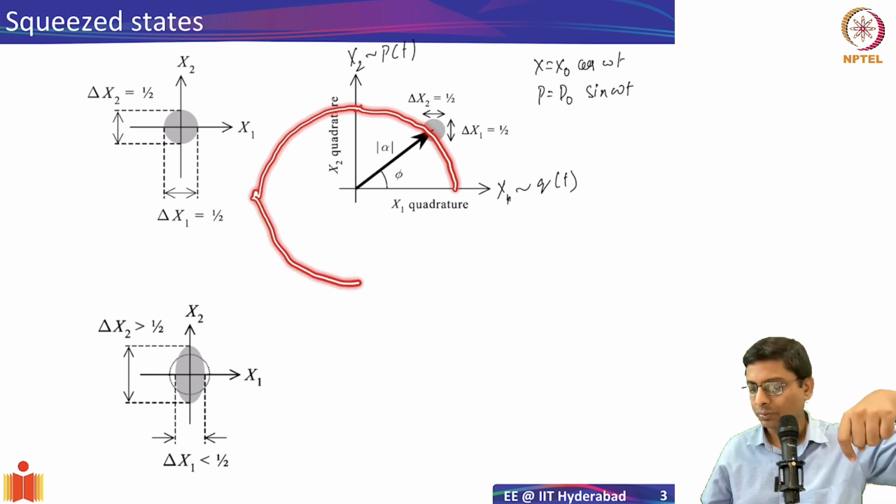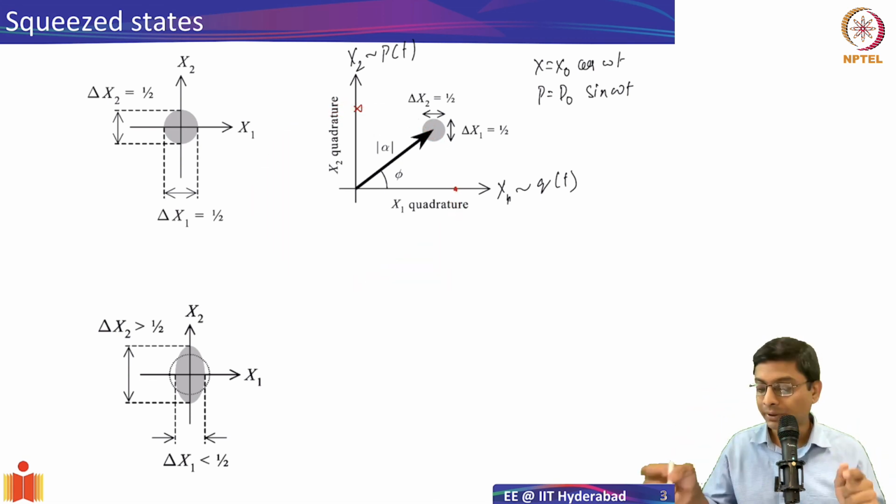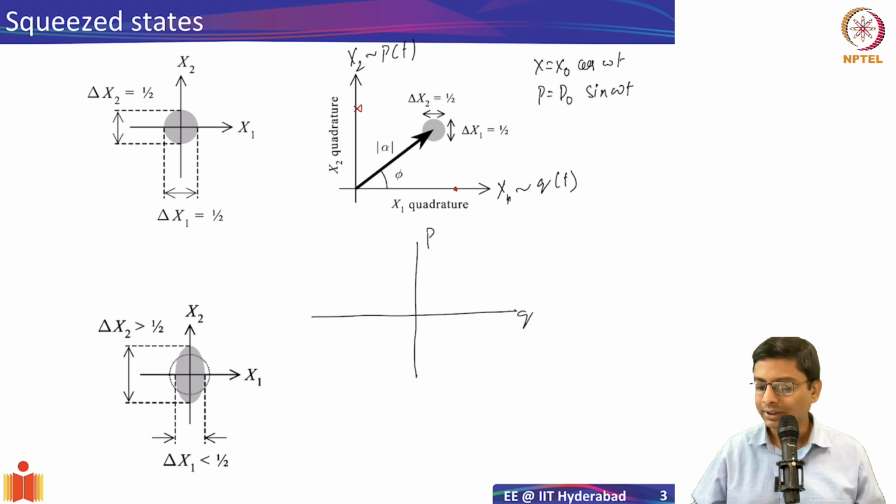Again it goes back and forth. So effectively your harmonic oscillator can be represented by a circle on the x1 x2 plane. If instead of x1 x2 I call it q and p, my classical harmonic oscillator is represented with a circle.